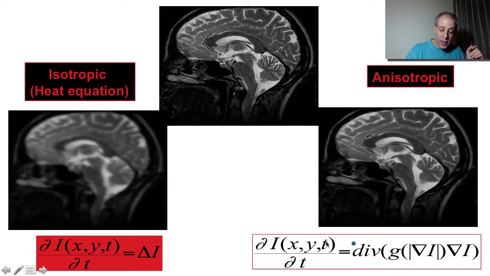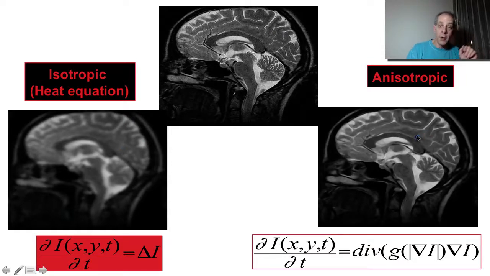Before we look at the equations, let's just look at the images. This is an original image, and if we do Gaussian smoothing or averaging, we know that we're going to blur. We blur across the boundaries because it's just mixing pixels from different objects, and that's what we see here.